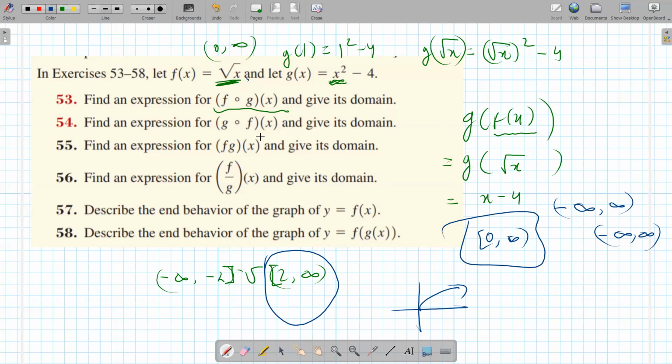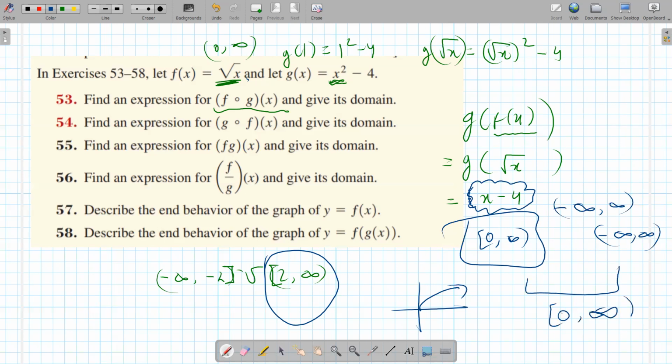Could you not just look at the individual domains and then just see where they overlap? Yeah, that's what we're doing. But you also need to take into account the domain of the combined function. Because the individual domains are always going to overlap between 0 to positive infinity.